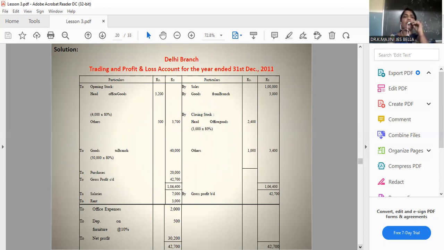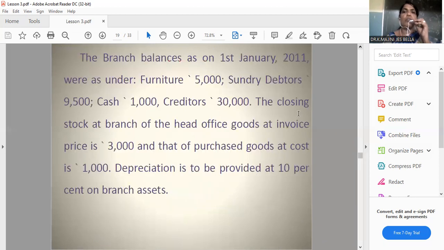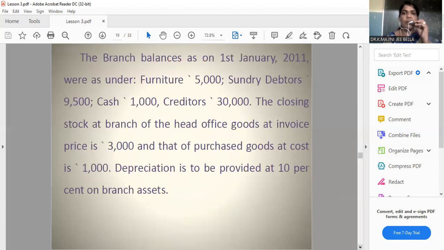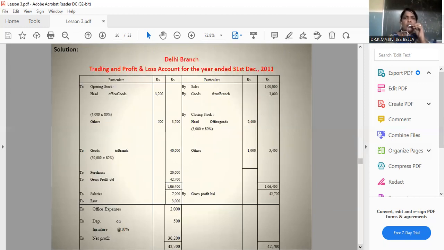Delhi branch account. We are going to prepare the trading and profit and loss account for the year ended 31st December 2011. What are the items they have given? Already they have given the opening stock, 3,200.